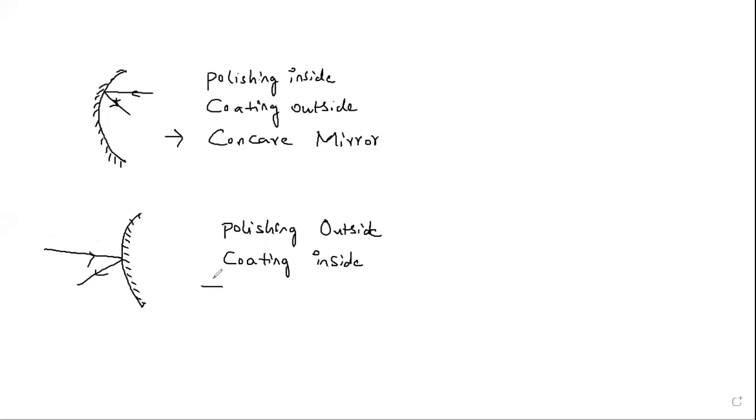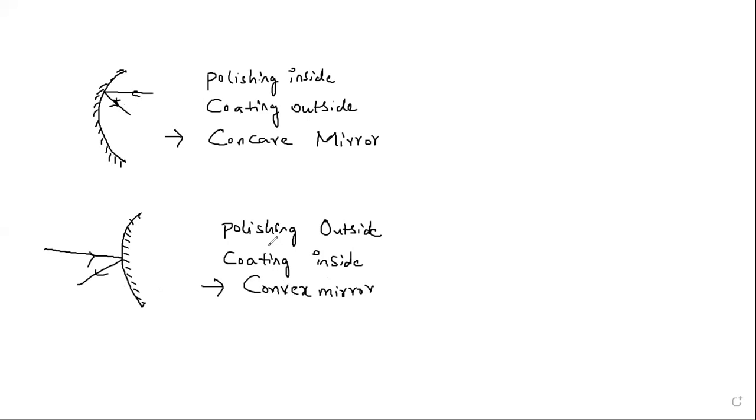So this mirror we call a convex mirror. Keep in mind: a spherical mirror which is polished inside and coated outside is a concave mirror. And a spherical mirror which is coated inside and polished outside is a convex mirror.